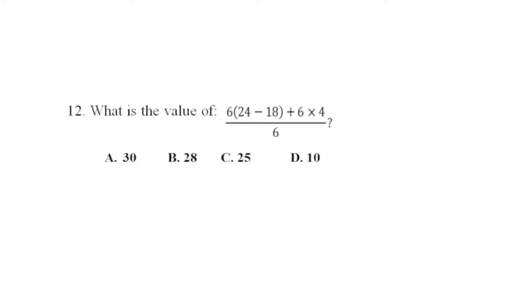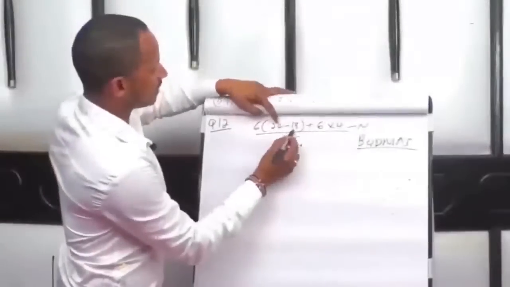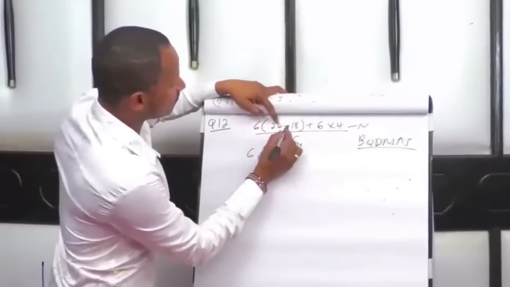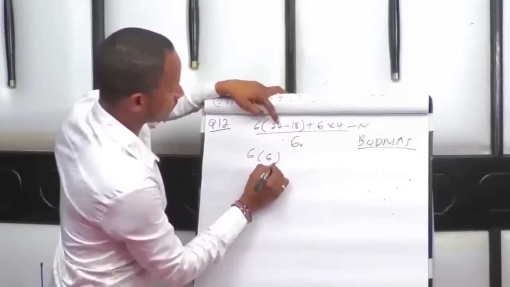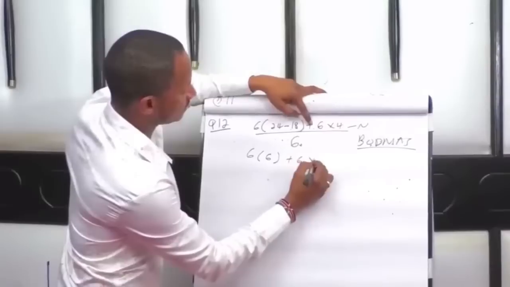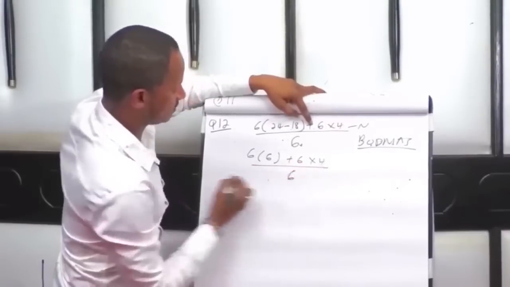BODMAS. These questions on BODMAS, they will come, so many. So remember this is covering everything. So you start with the bracket. Solve the bracket, that is 6 into 24 minus 18. We solve what is in the bracket, it is 6, plus 6 times 4 divided by 6.